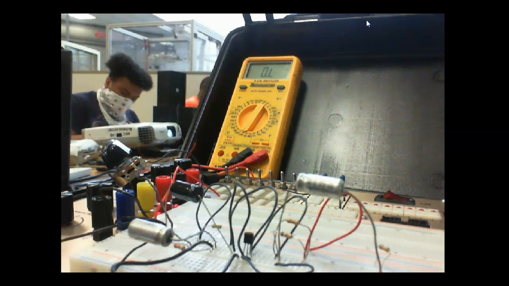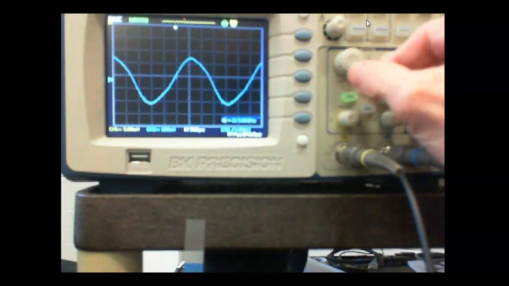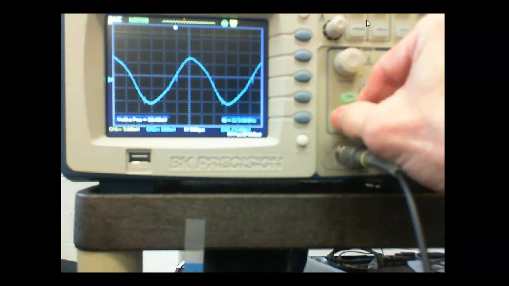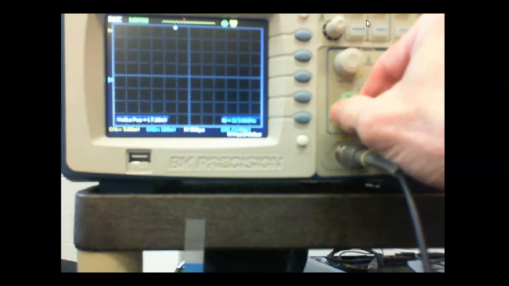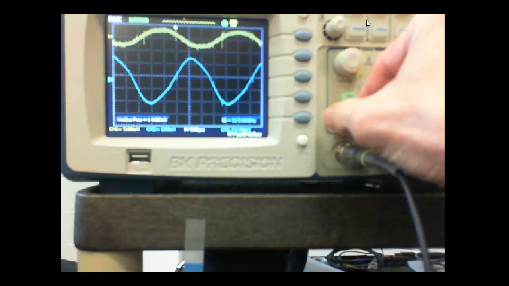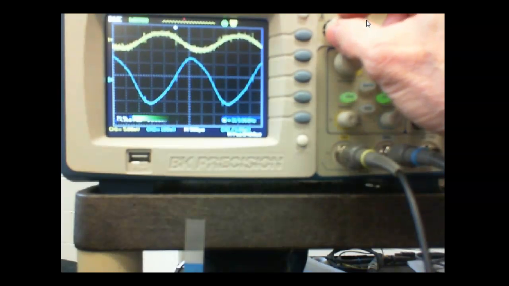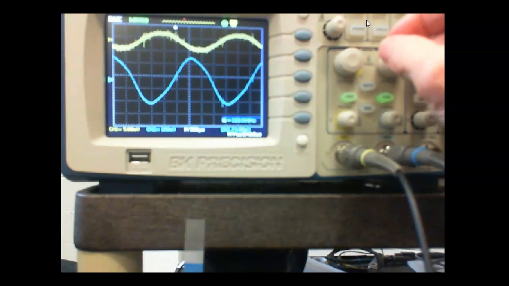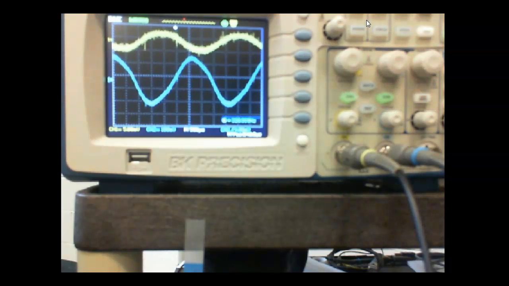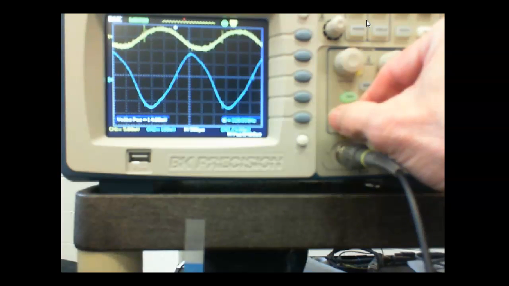So let me bring the oscilloscope back up. So this is the output. Let's swing the input back down. That might have been why the gain was off, because the input's not 10 millivolts. In fact, technically, we could have done it with a lot higher voltage.